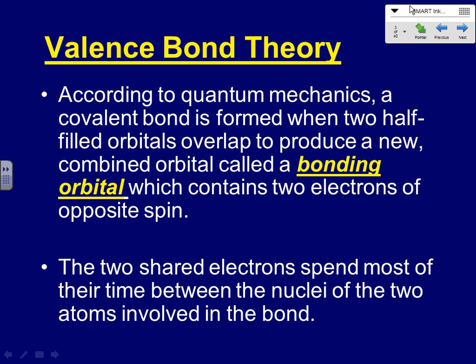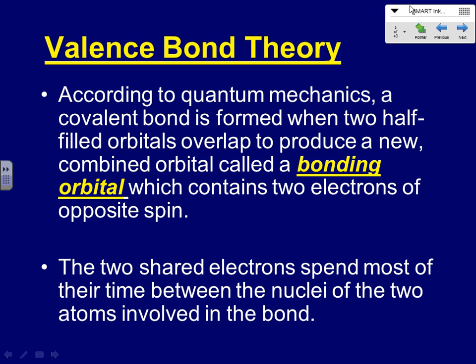If we keep in mind the fact that an orbital is what we call a probability wave function, where it is a wave that describes where we will most likely find an electron.